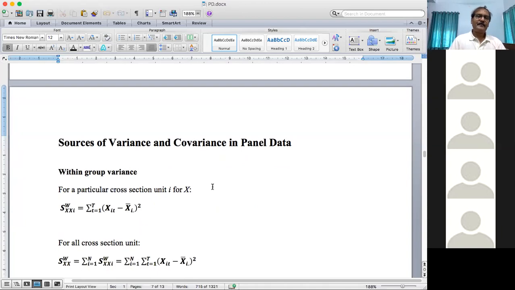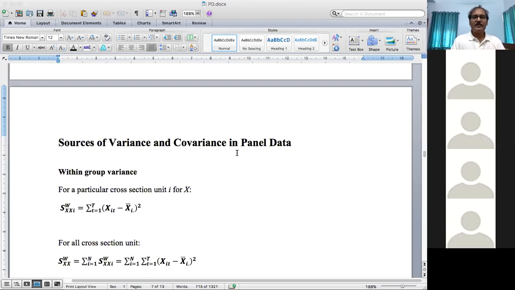So for the remaining part, as you go through the syllabus I have mentioned, the remaining part is on the panel data econometric models. So the topic for discussion today relates to the different econometric models with panel data.